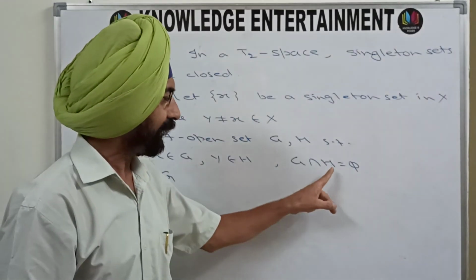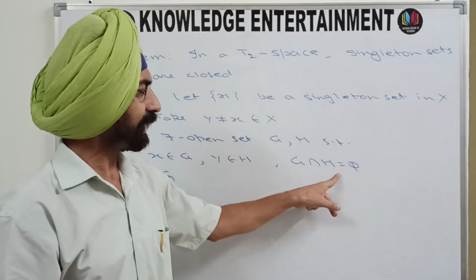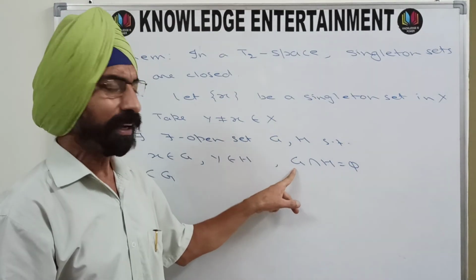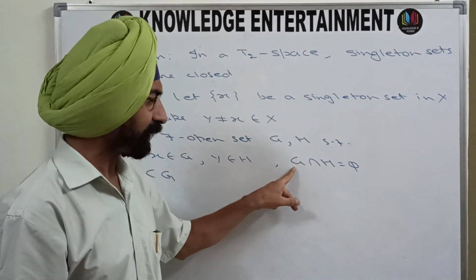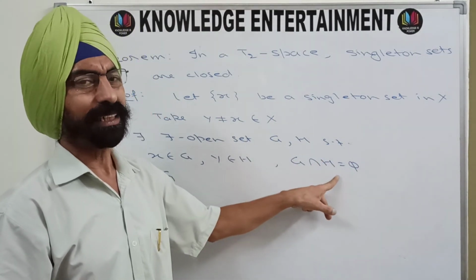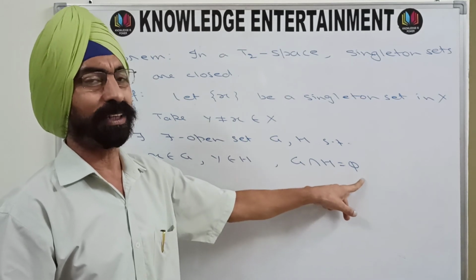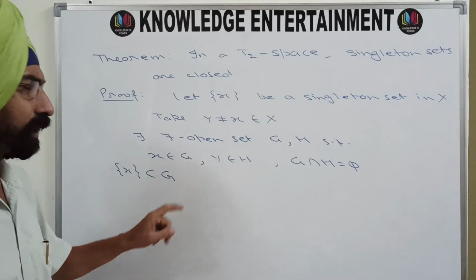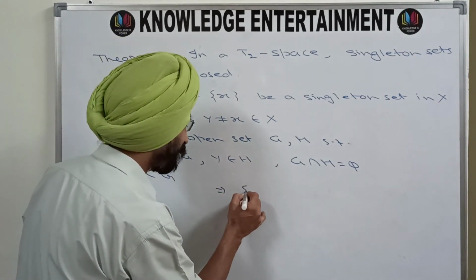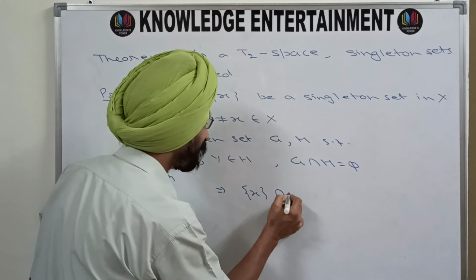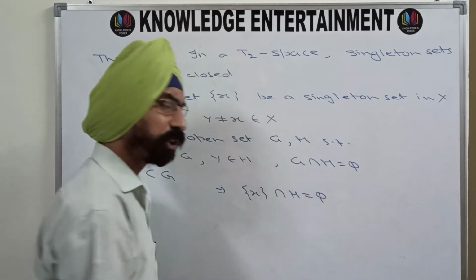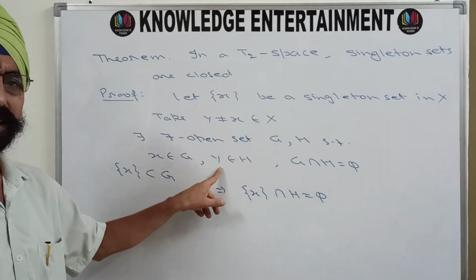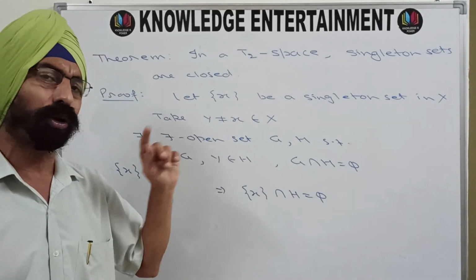Now, H has an empty intersection with the set G. If H has empty intersection with G, that means H has empty intersection with every subset of G, and the singleton set {x} is also a subset of G. So this means {x} intersection H is also phi. But what is H? H is an open set containing y, so you can say that H is a neighborhood of y.